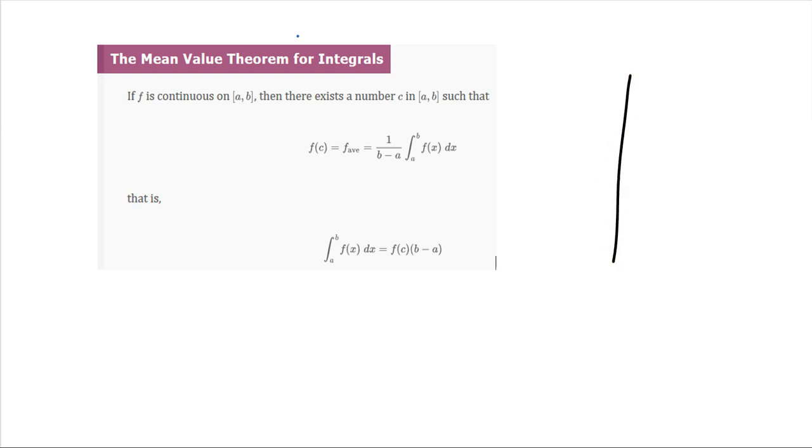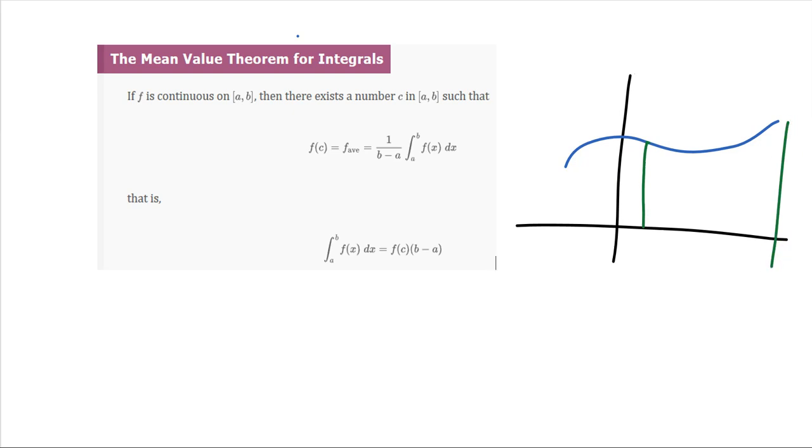Picture-wise, if we have some function and we want to know the average value over this interval, then if you look at that area, that means there's some spot in here that if you looked at the area in this box, it would be the same as the area under the curve.